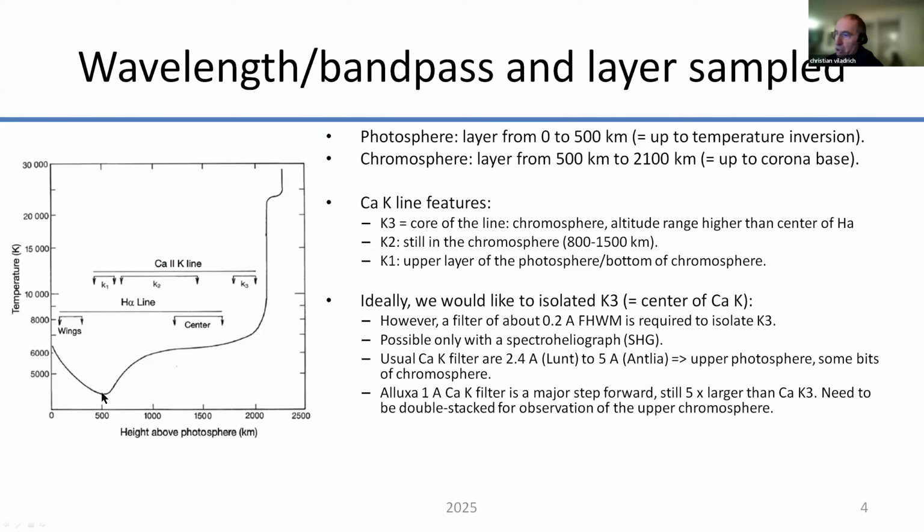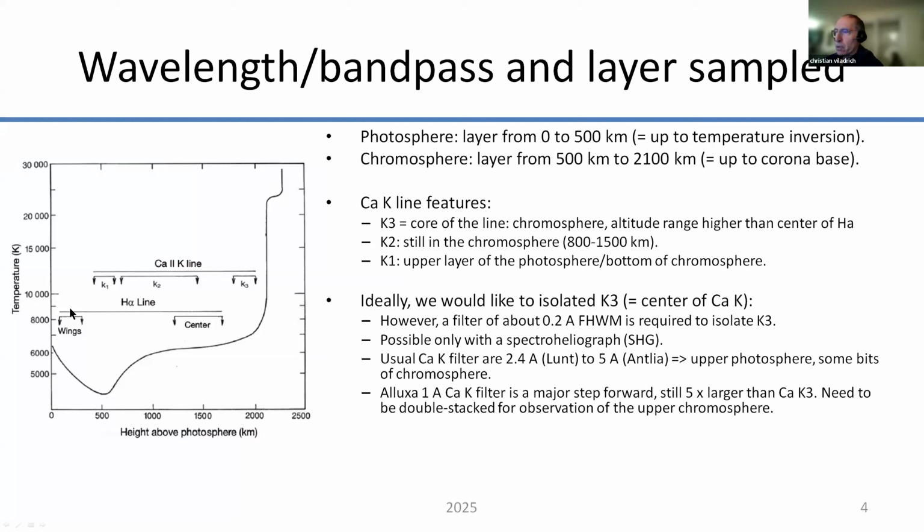It is called a change of the curvature. And starting from this, we have the chromosphere. The chromosphere is from about 500 kilometers above the bottom of the photosphere, and up to about 2,000 kilometers. And beyond this, we have the corona, the solar corona, with a very steep increase of the temperature.